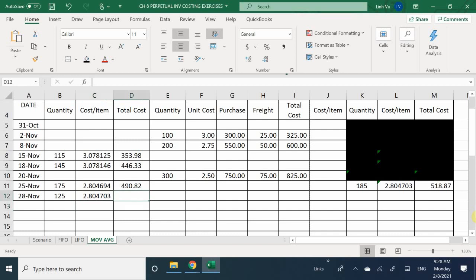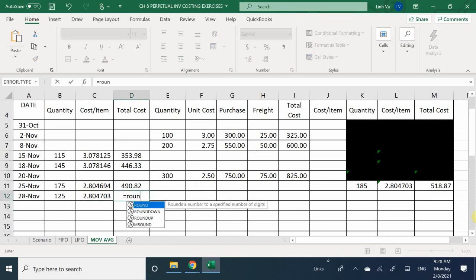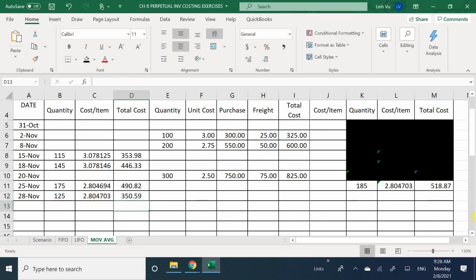2.804703. Good. And then again, I have to do my equal round formula. So what is my total cost of goods sold here? 350.59.